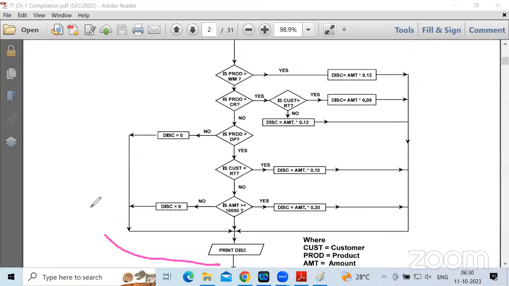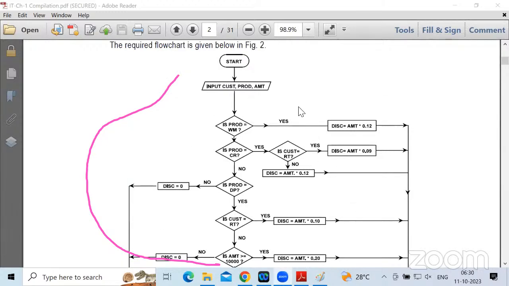From here, you have to come here. Sorry, here. So this is how we can draw a flow chart.